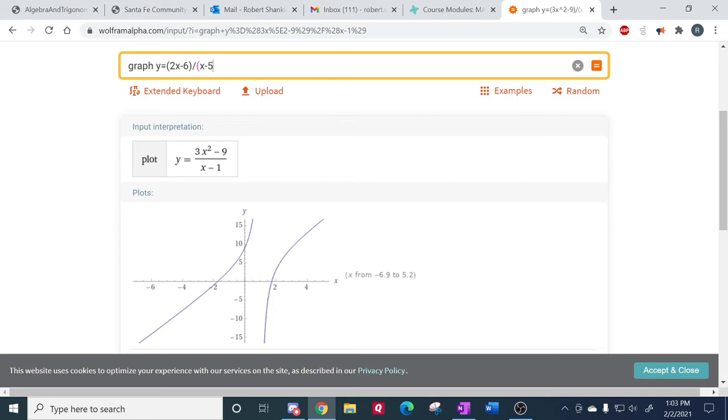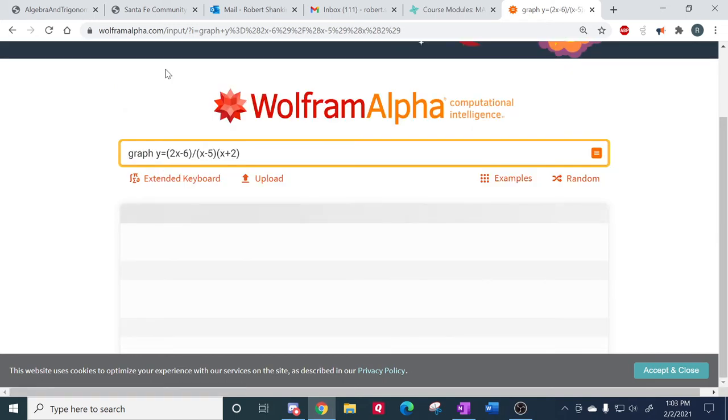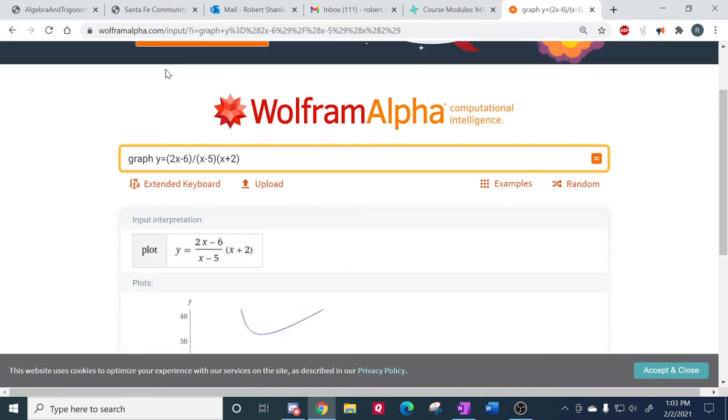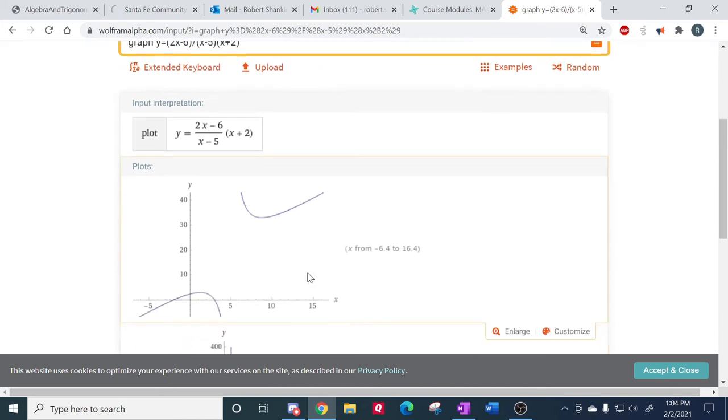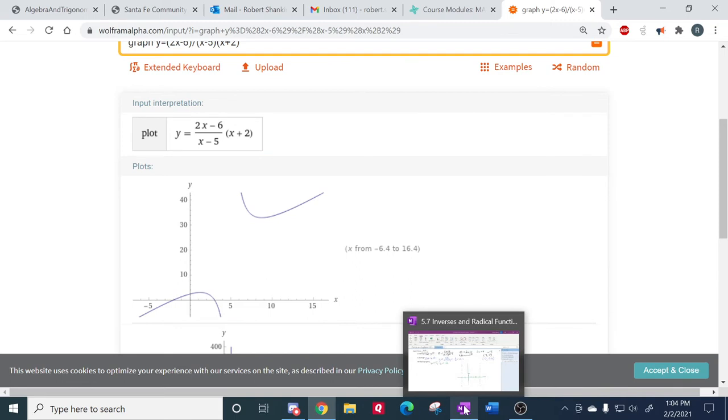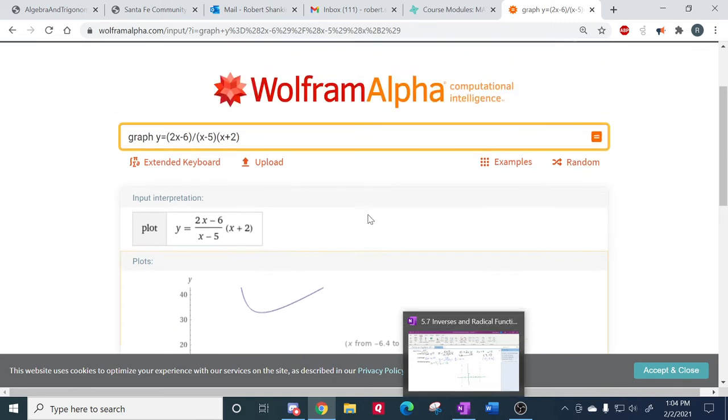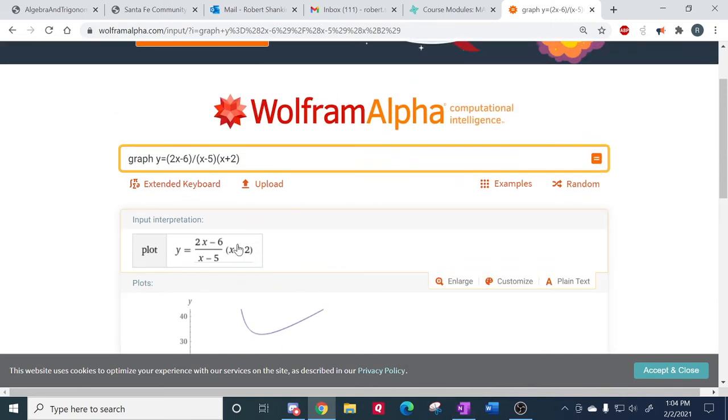X minus 5, I think I'm remembering this right, x plus 2, and then hit enter. Okay, and then look at my graph, and I compare this. Oops. Oh, I need both of those things in the denominator.